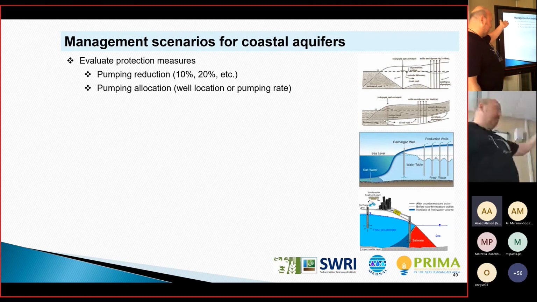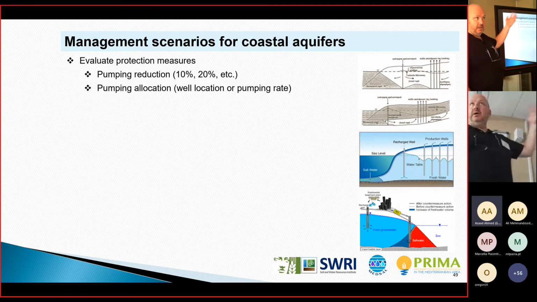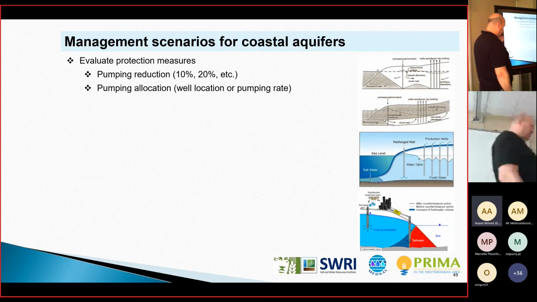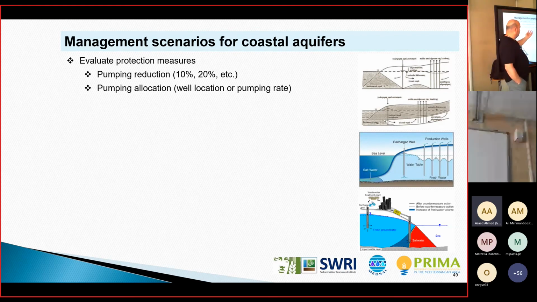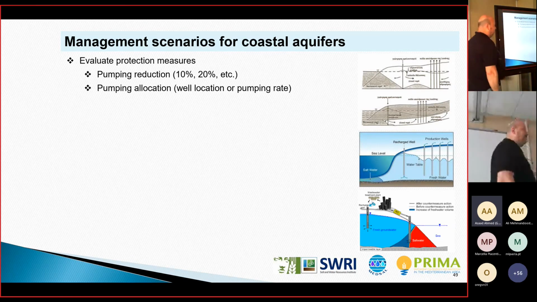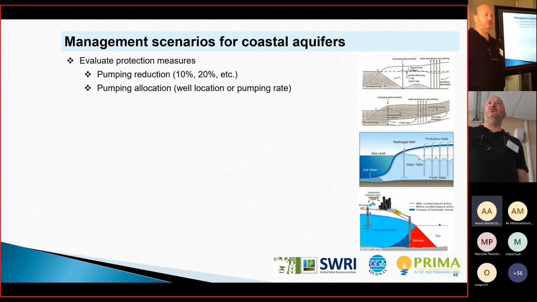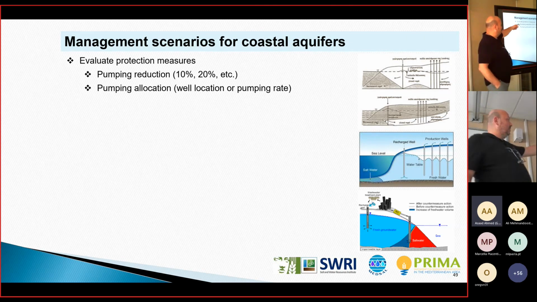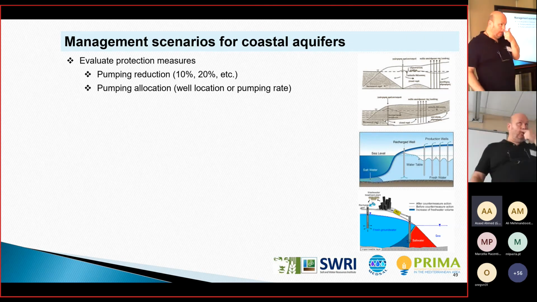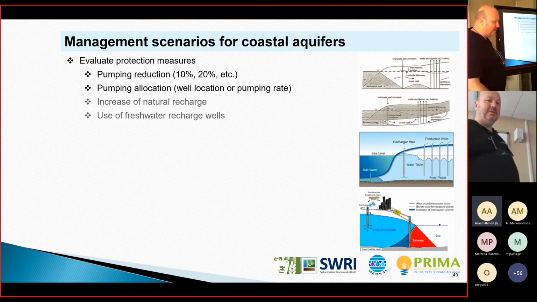So one measure is to reduce pumping by a more logical percentage, not 50%, but something feasible to implement, like 10% or 20%. Another is to reallocate the pumping, to change the location of the wells, or change the pumping rate without reducing the pumping volume, the volume of water that is pumped.